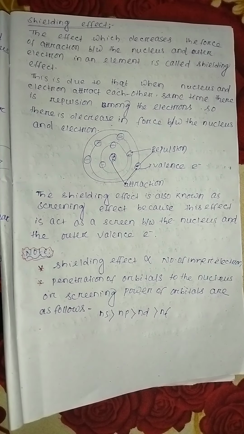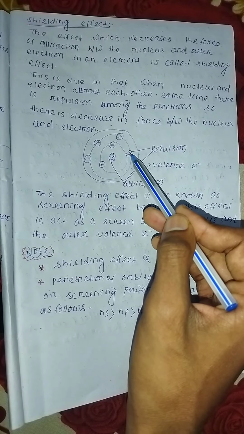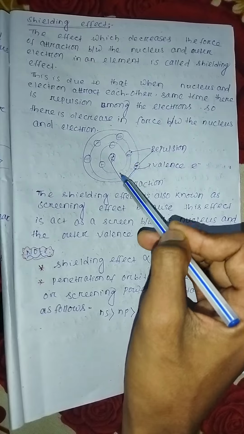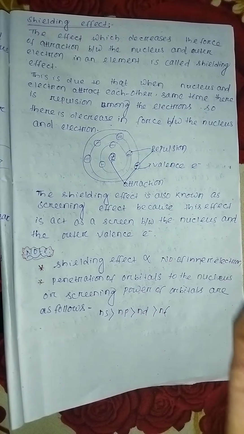Like this, the nucleus tries to attract the outer electron more efficiently, but due to the presence of the inner electron, it will not show effective attraction. So this electron acts as a screen between these two.